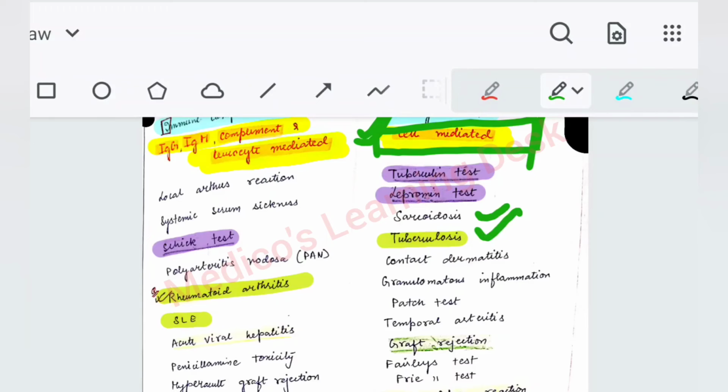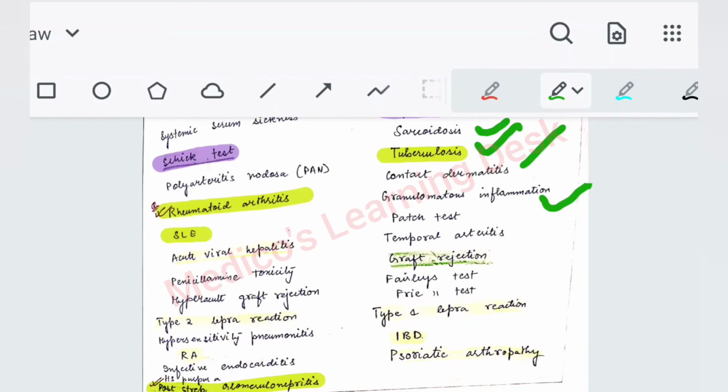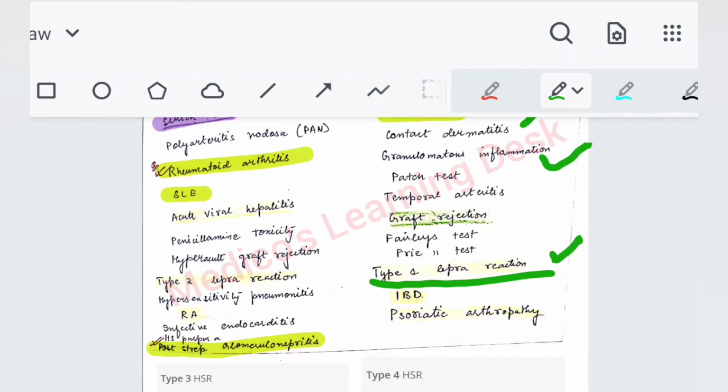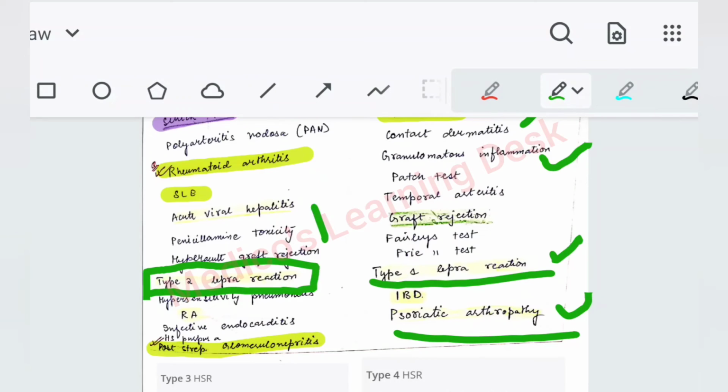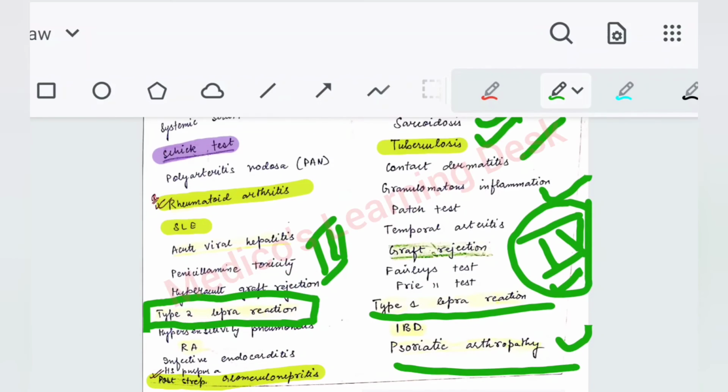Tuberculosis, sarcoidosis, contact dermatitis, granuloma formation, and also type 1 lepra reaction, and psoriatic arthropathy. So type 2 lepra reaction we saw in type 3, and type 1 is in type 4 hypersensitivity reaction. I'll say a mnemonic for this also, okay, later on.